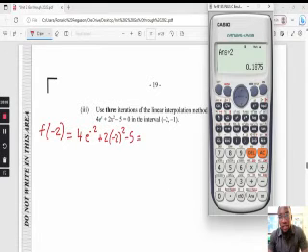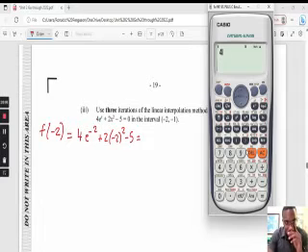Punch that in the calculator. I was just doing this to test out which one is negative and which one is positive first. So 4e to the -2 plus 2 times -2, squared, minus 5.